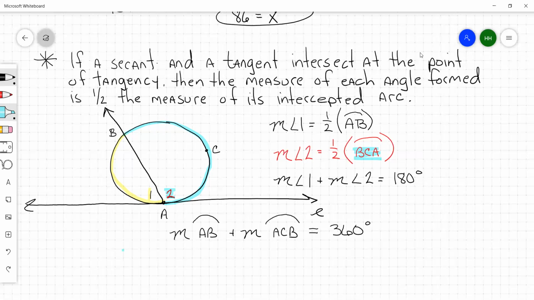Any questions on any of that right there? Finding the measure of an angle using its intercepted arc. That's a tangent and a secant, right? Now that secant doesn't have to go through the circle, okay? Same rule if AB stopped right here.